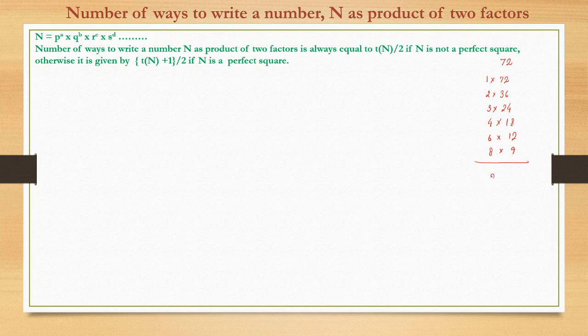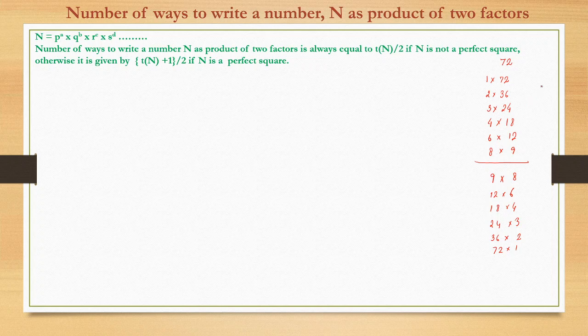We can go further: 9 into 8, 12 into 6, then 18 into 4, then 24 into 3, then 36 into 2, and 72 into 1. But we can see that these are actually just the reverse of the factors which we have written above.